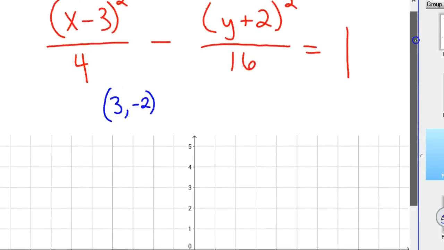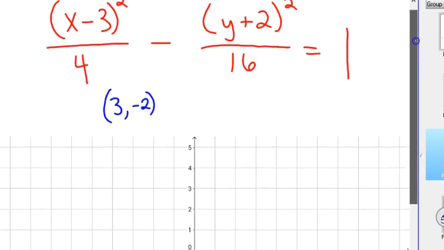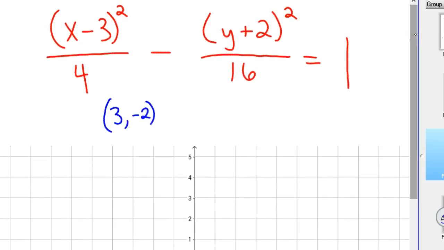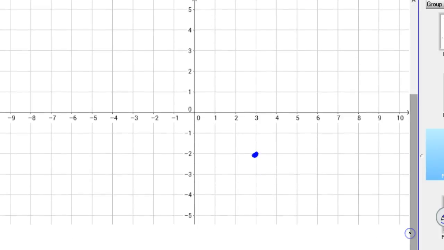Everything, the transverse axis, the conjugate axis, is going to do that. The first thing is you find the distance to our vertices on our hyperbola, and you use 4, so you take the square root of 4, which is 2.